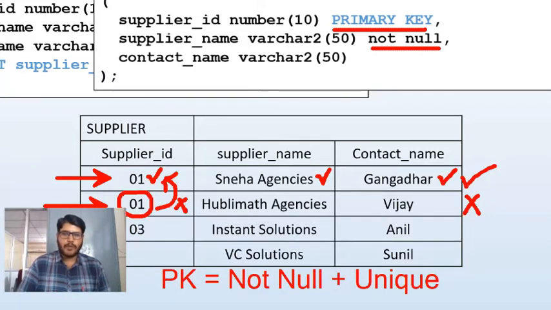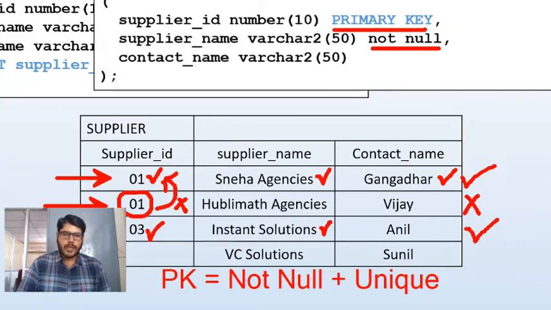If we observe the third record here, again we are storing 03 as a value, which is unique because 03 is not present earlier. We have not inserted 03 in supplier ID, so it will accept, and also it is a not null value. And also for supplier name we are storing a not null value here, and it will insert this particular record.